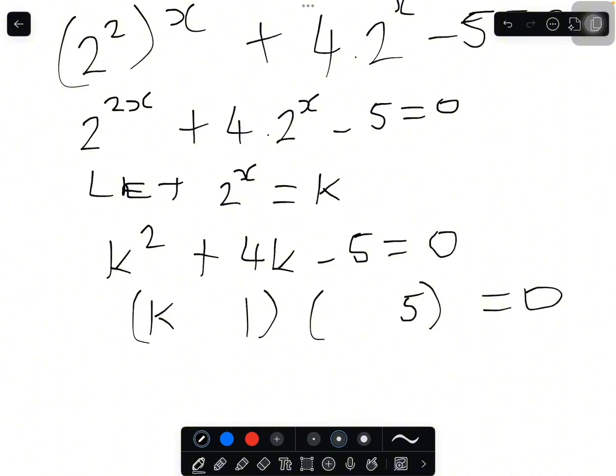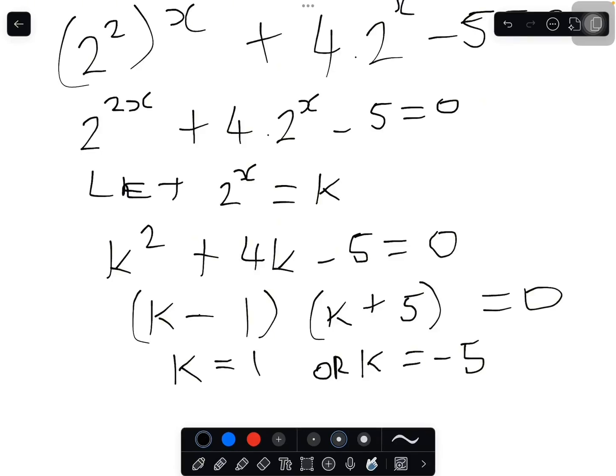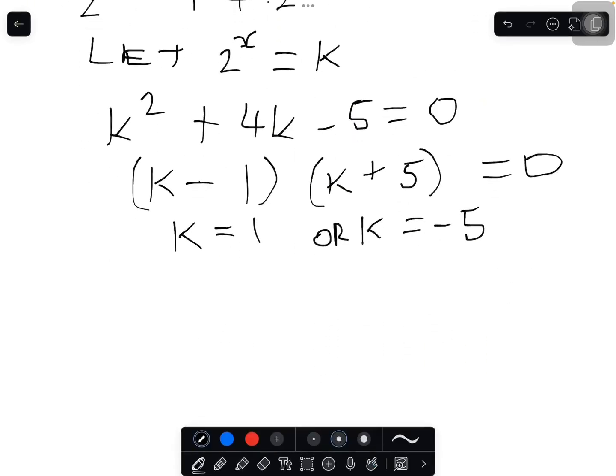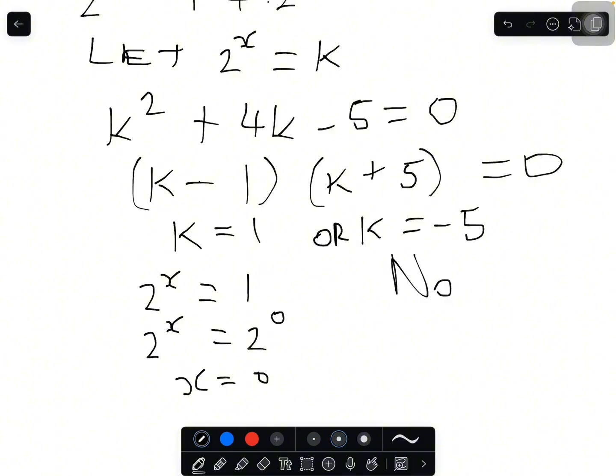I'm going to have k, and k, plus 5 minus 1. I'm going to have k equals 1, or k equals negative 5. Now for the k equals 1, we're going to say 2 to the power x equals 1. We know that 1 is the same as 2 to the power 0, so we know that x equals 0. For this k equals negative 5, we're going to have no solution.